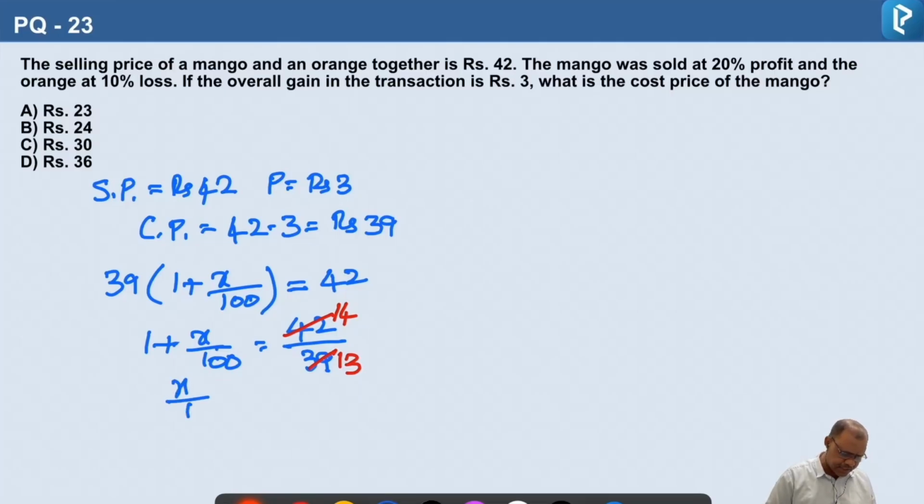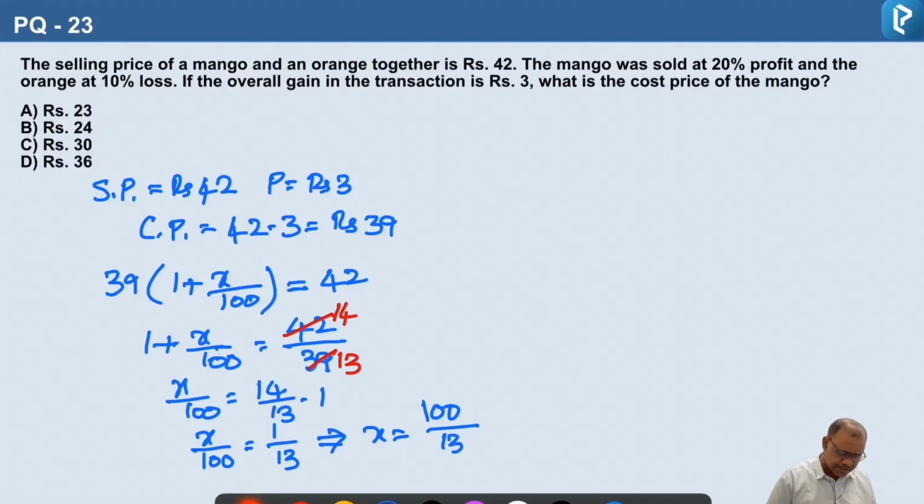So X by 100 is equal to 14 by 13 minus 1, which is 1 by 13. So X is equal to 100 by 13 percent. This is the overall profit percent.